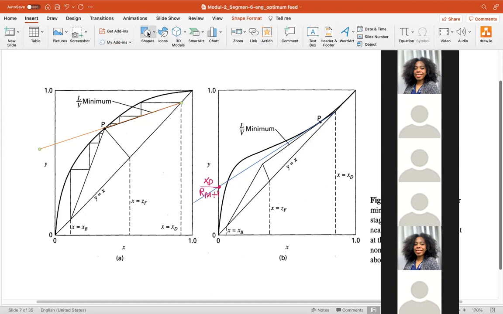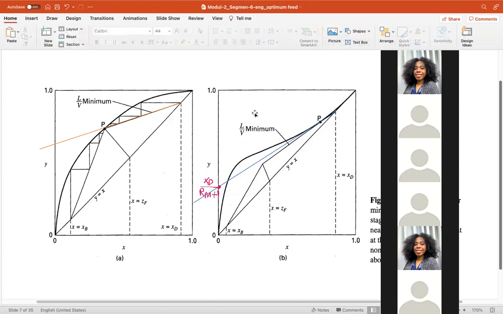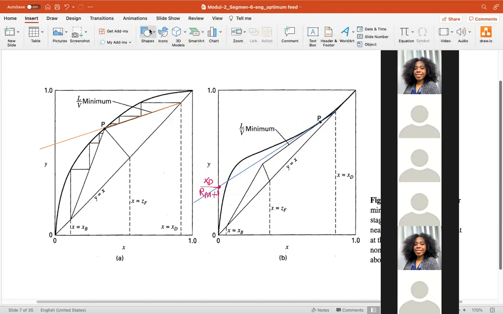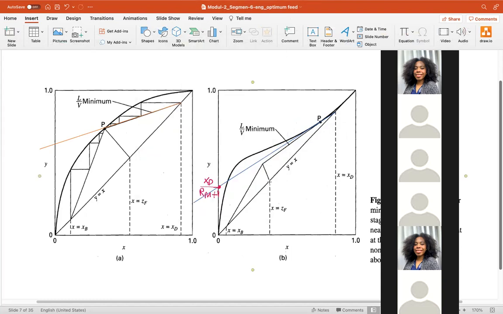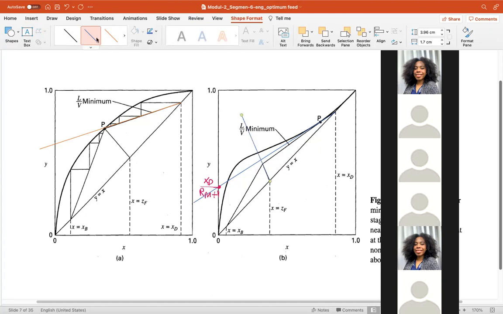So we have to construct a line between x distillate and reflux ratio with the Q line. But if you think about it, if we stick to that point, let's have a look. If I draw, if this is the Q line, let's make it bigger.